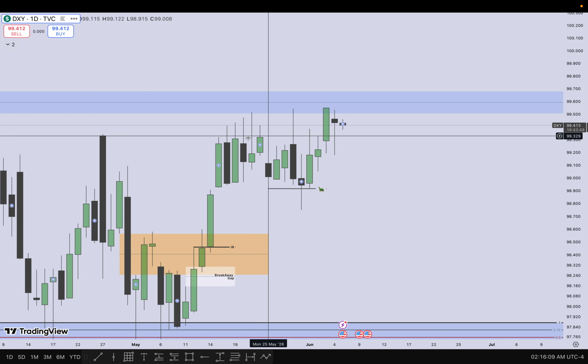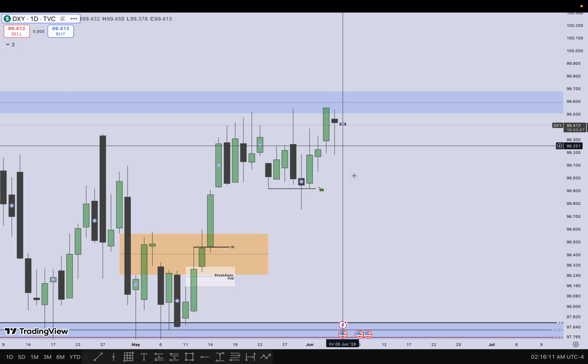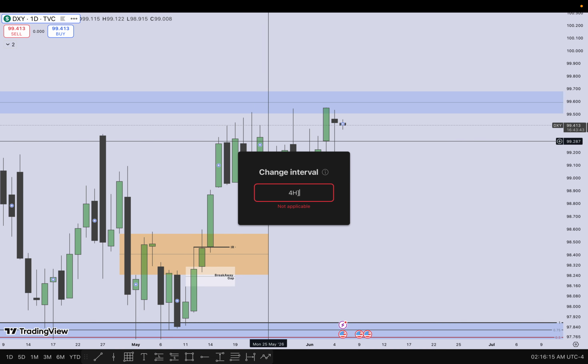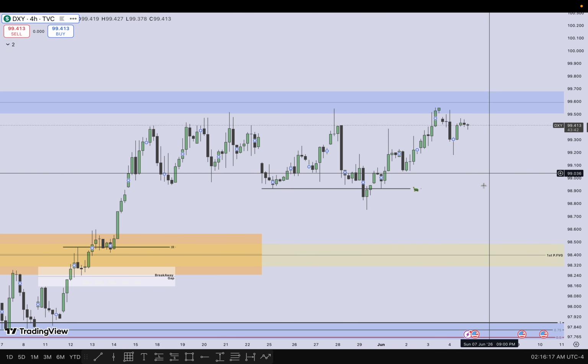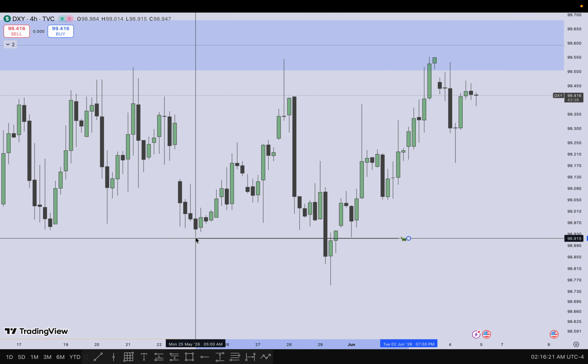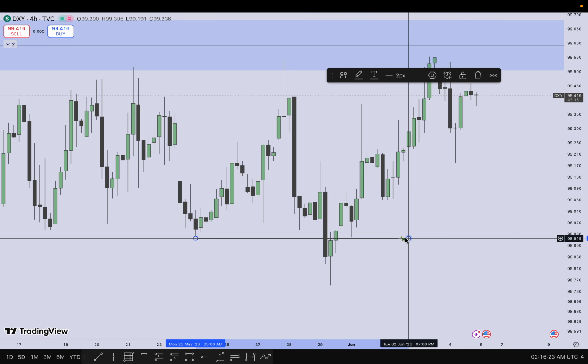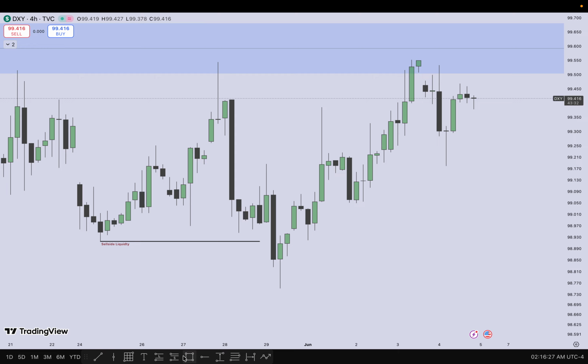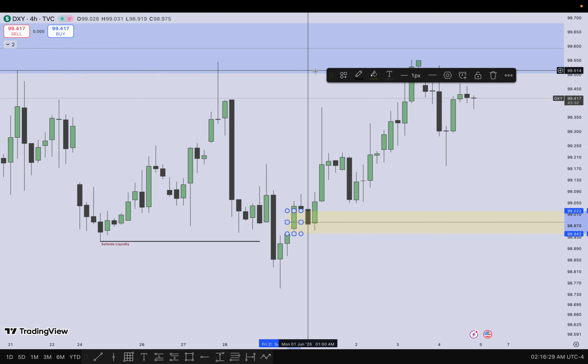So on going to this area, why did I call this a balanced price range or balanced price area? On going to the 4 hour, we can read the order flow. Okay, we have taken the sell side. Let me draw it clearly. We have taken the sell side, we have balanced this.